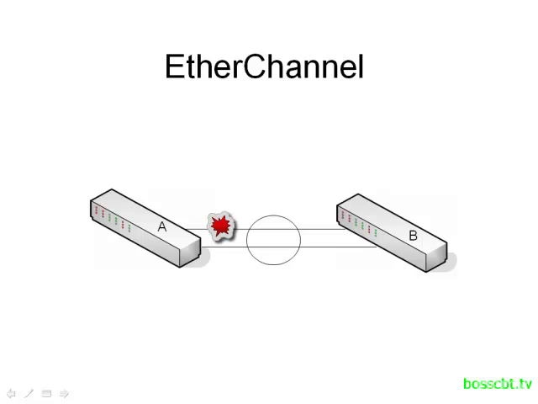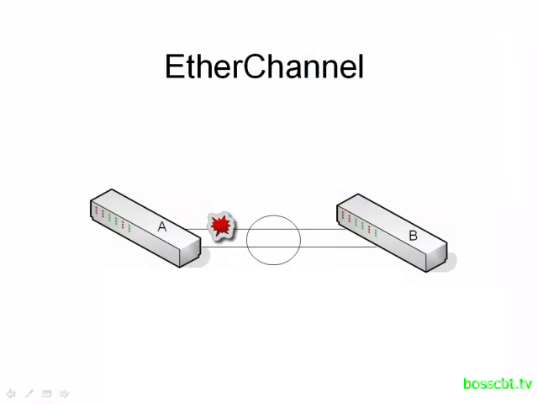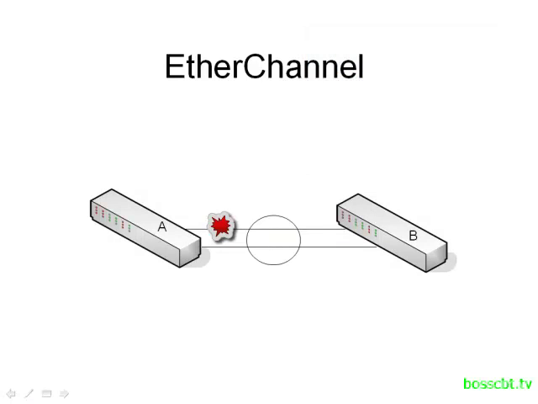It's a single link, and that single link has not failed, even though a member inside the bundle has. So spanning tree is happy. There are no failures, there are no loops, and there's no need to transition. And that's the big benefit that we get, is that we avoid any lengthy spanning tree convergence. We don't have to go into the listening state and the learning state and finally into a forwarding state. So we never have to transition, and that is the big deal here.